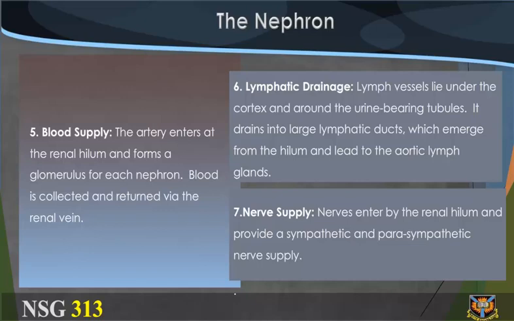It drains into large lymphatic ducts, which emerge from the hilum and lead to the aortic lymph glands. 7. Nerve supply. Nerves enter by the renal hilum and provide a sympathetic and parasympathetic nerve supply.